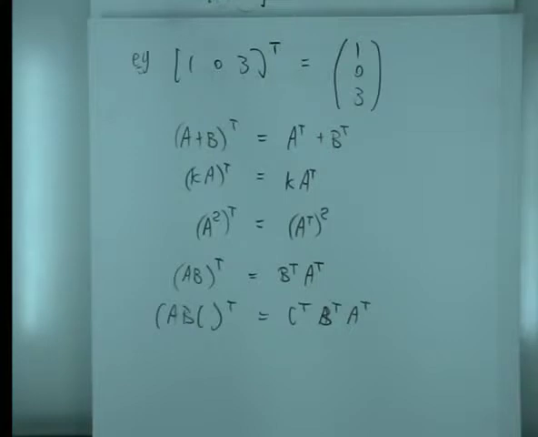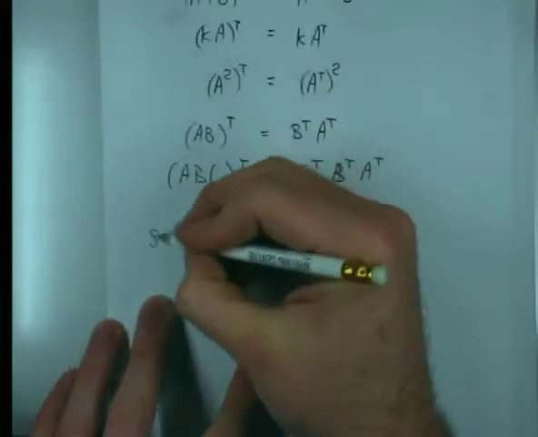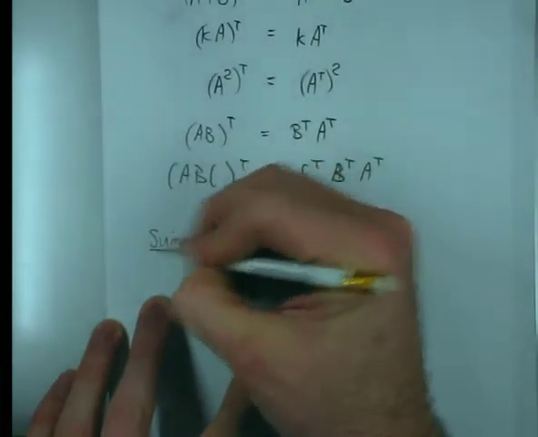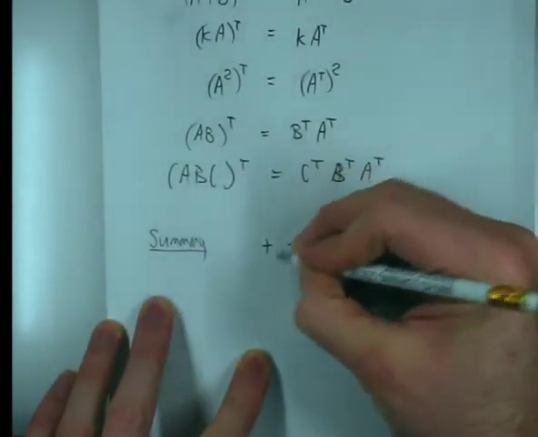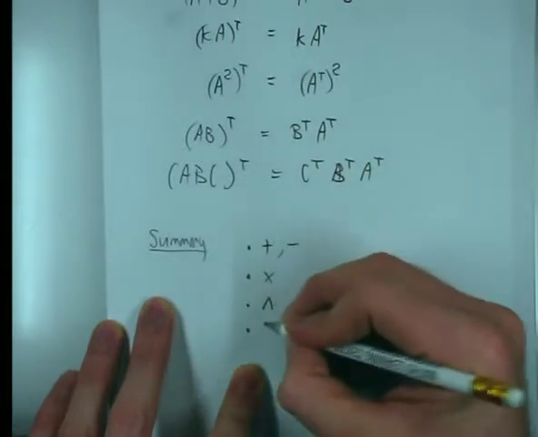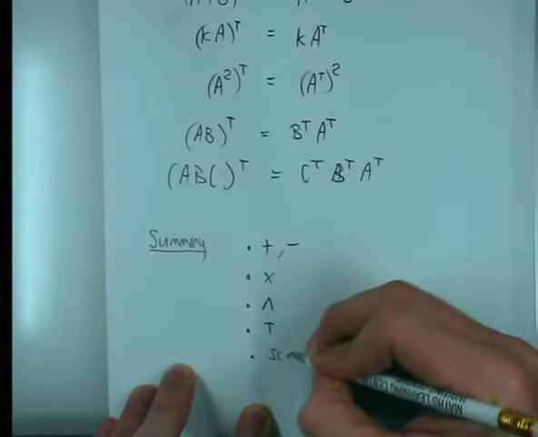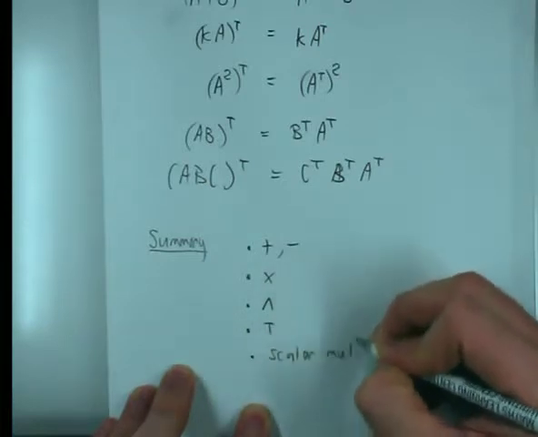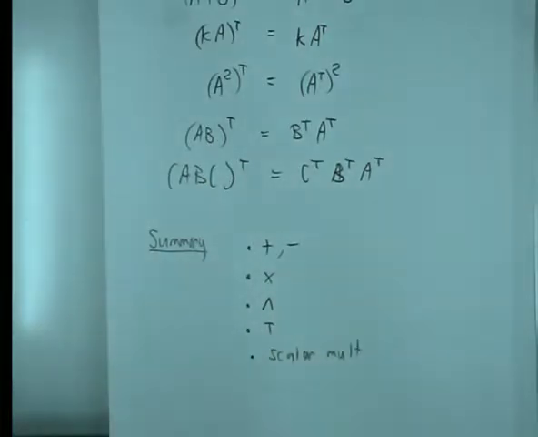There were powers, scalar multiplication, and transpose. So they're the things that we know how to do. So just as a summary so far, we can do addition and subtraction, multiplication, powers, transpose, and scalar multiplication. That's my extreme summary, right? Which is what you're supposed to do when you're studying.